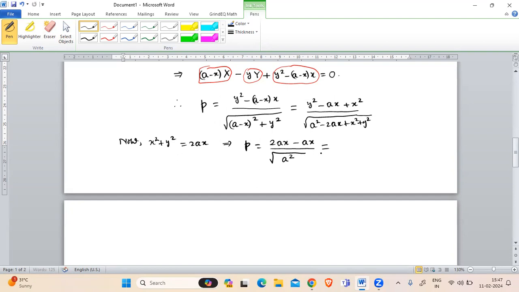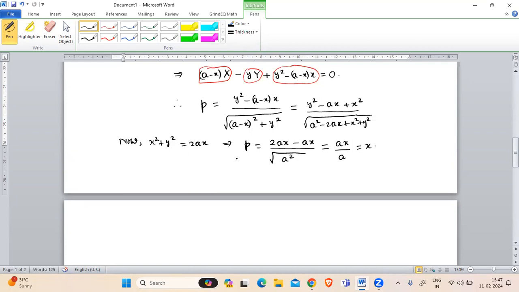So ultimately, if you take 2ax minus ax, that will be ax, and the denominator will be simply a. Or in other words, this will give me p equals x.